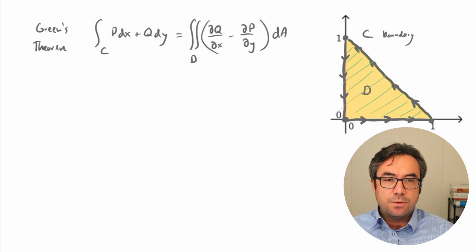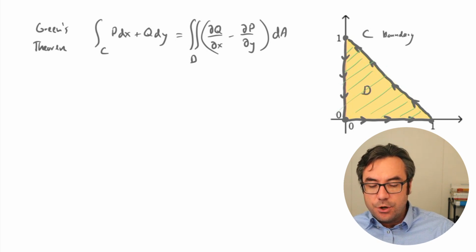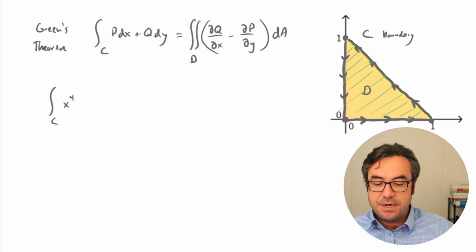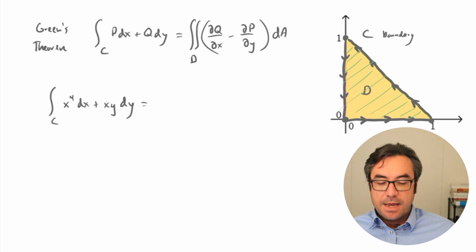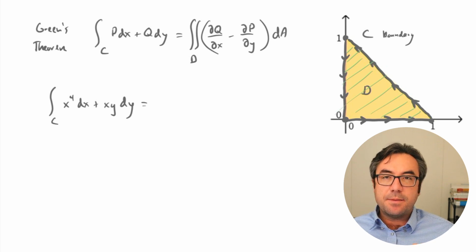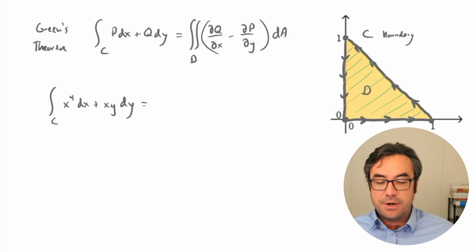All right, so the line integral we're doing is x to the 4th dx plus xy dy. And we want to calculate the partial derivatives. So let's figure out what the P component is. The P component is x to the 4th.